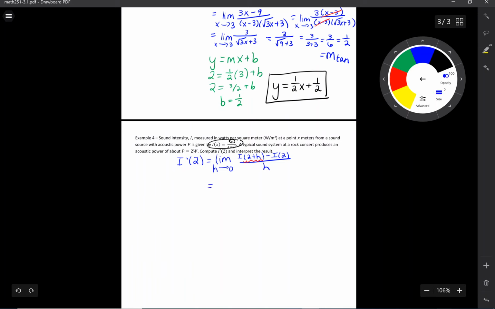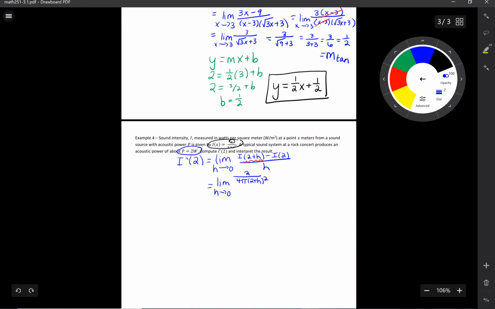So wherever I see an x in my original function, I need to plug in 2 plus h. So this gives me the limit as h goes to 0. My P, my power here, is 2, since I know that the acoustic power at a rock concert is about 2 watts. So I have 2 over 4 pi times 2 plus h squared.